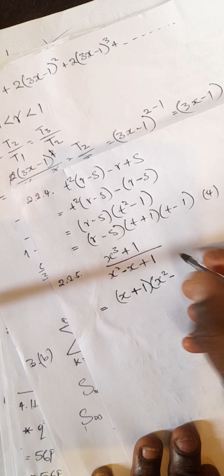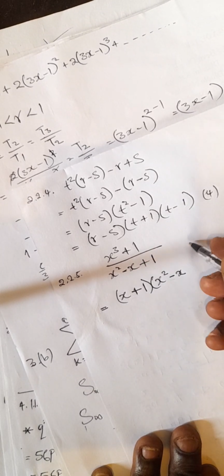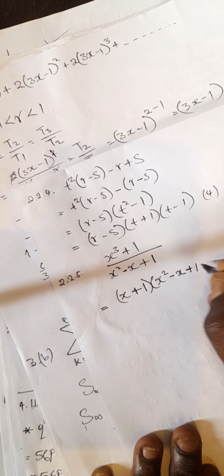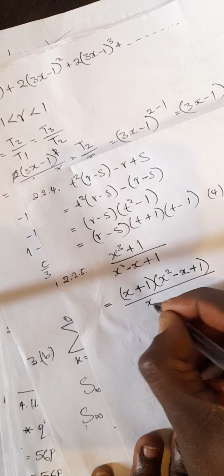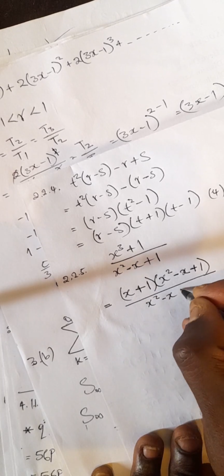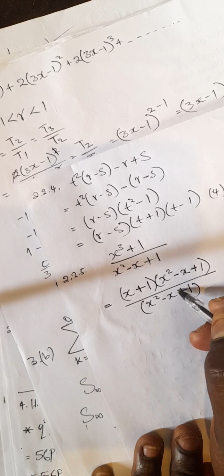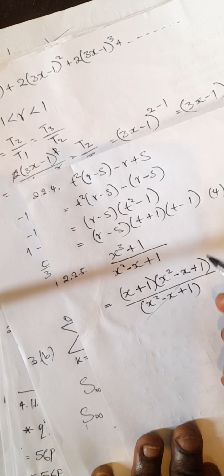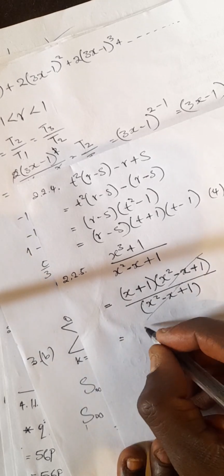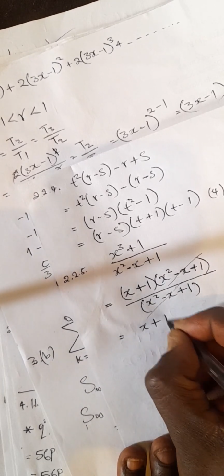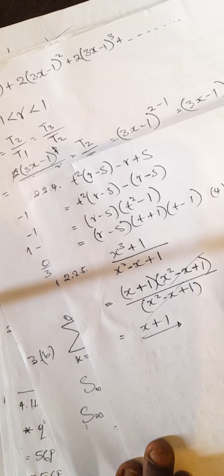So x times 1, that's x, and 1 divided by 1, that's 1, all divided by x squared minus x plus 1, right? This term in the denominator is similar to this one, so they cancel out, and your answer is x plus 1 for 3 marks.